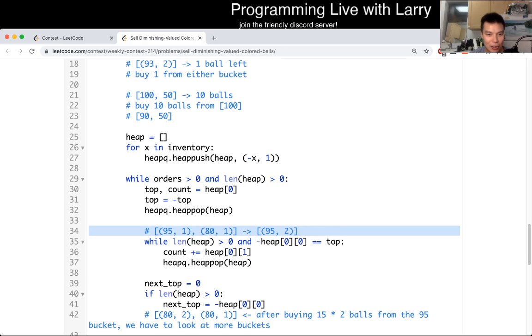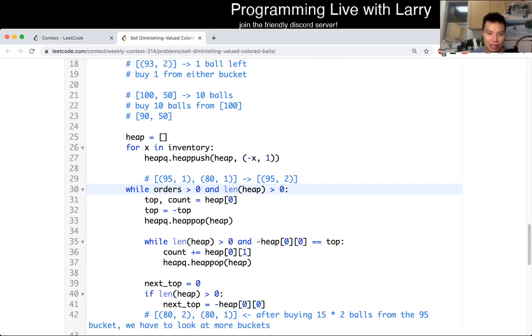My computer's a little slow, my apologies. But let's say this is the heap. Well, this heap is going to turn from 95 to 80. The next iteration is always going to go to the next number.